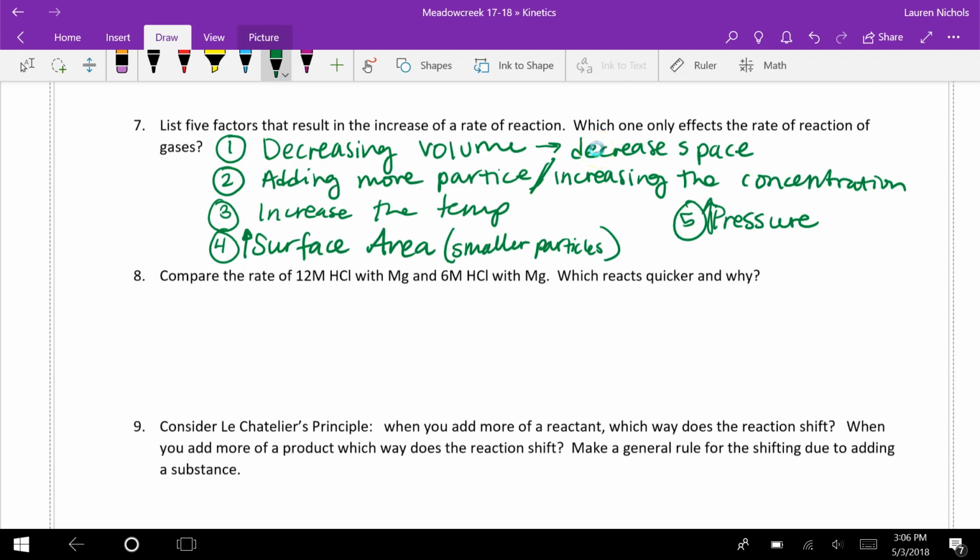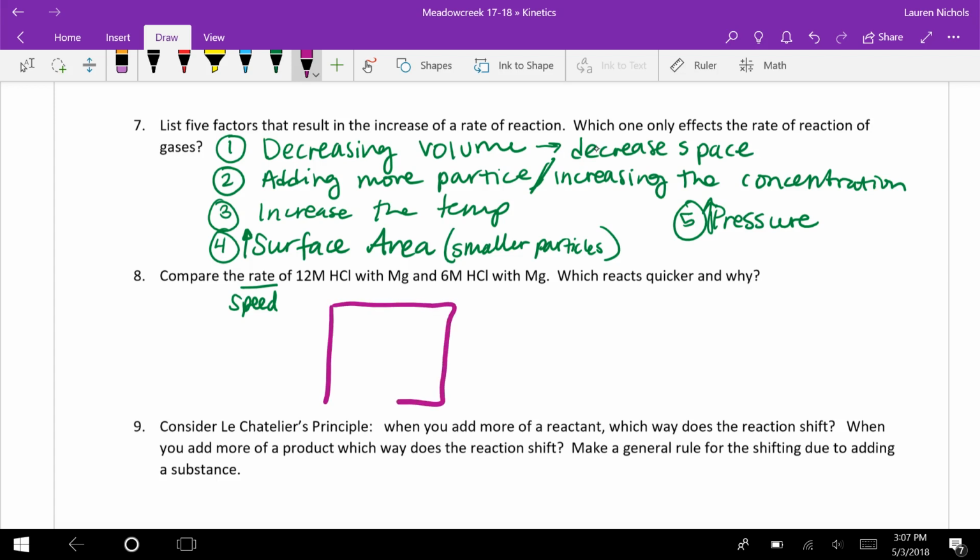Okay, so let's look at number 8. It says compare the rate, which remember is speed, of 12 molar HCl with magnesium and 6 molar HCl with magnesium. Which reacts quicker and why? Well, let's think about it. We know that reactions happen when things collide. So let's draw 2 beakers, one with 6 molar and one with 12 molar.